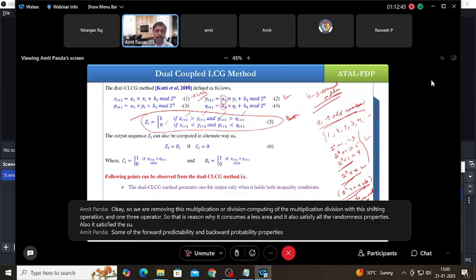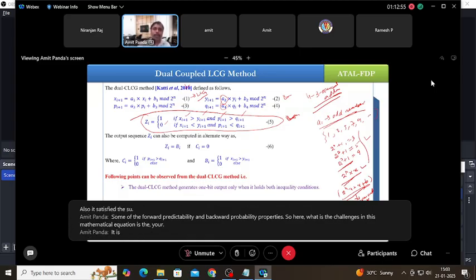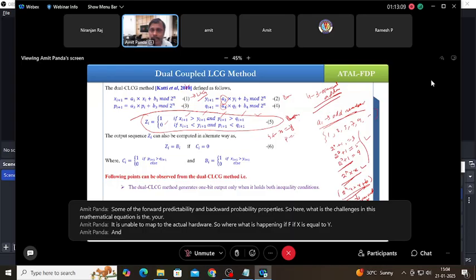So what are the challenges in this mathematical equation? It is unable to map to the actual hardware. What happens if x is equal to y and p is equal to q?